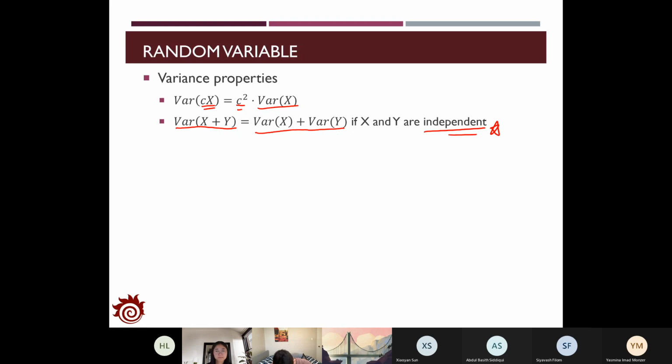If not, then we cannot have this conclusion.